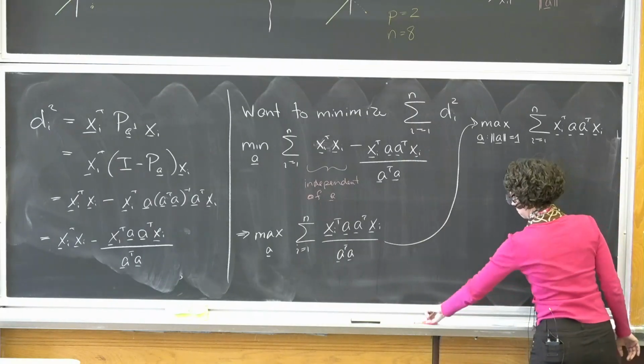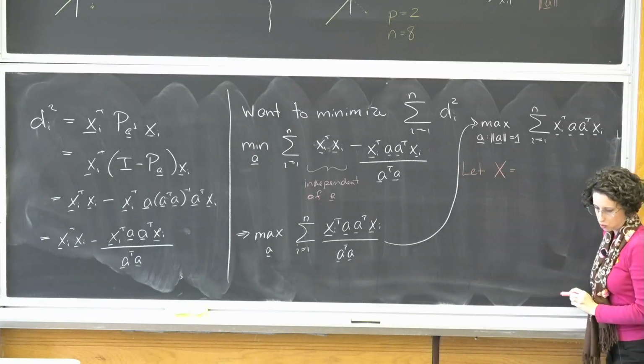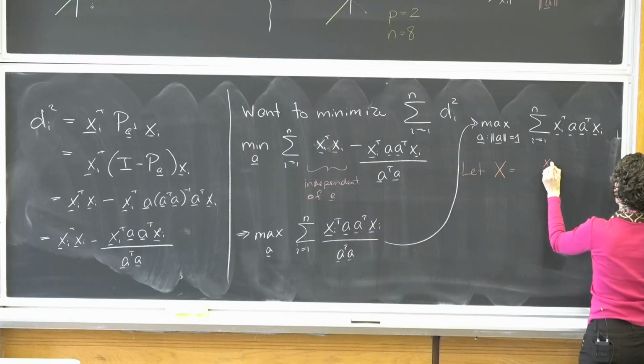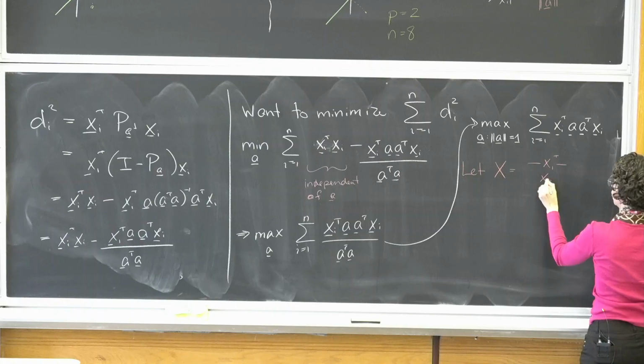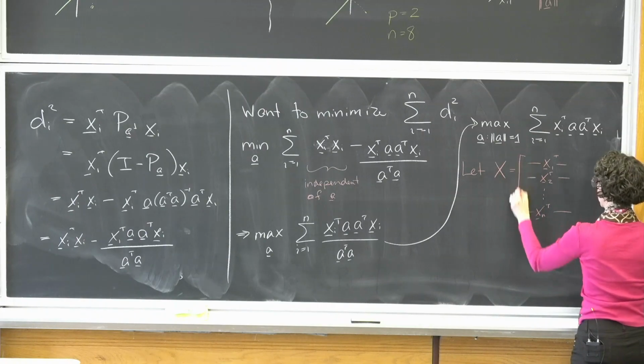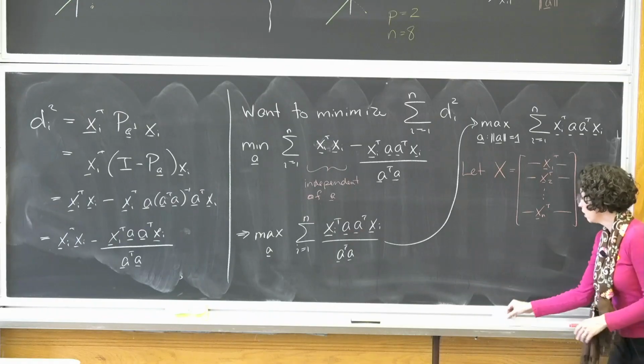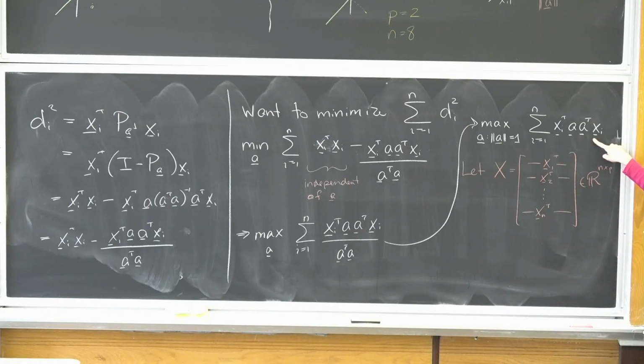So now what we can do is we can write a matrix X, which is going to correspond to our xi. So we've got x1 transpose, x2 transpose, all the way to xn transpose, like this. So this is an n by p feature matrix, just like we talked about in the context of least squares. And now we are going to rewrite this objective function using the matrix. So instead of having a sum over all the xi's, we're going to use matrix vector notation.